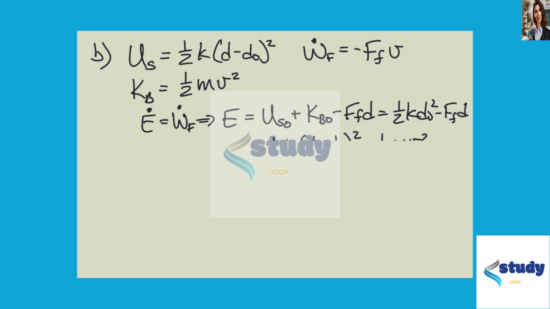times the work dissipated by the friction force, and then that equals, so there's no initial kinetic energy in the spring or in the block, and the spring has an initial potential energy 1/2 k d naught squared.